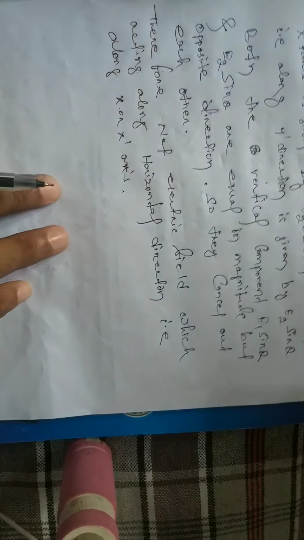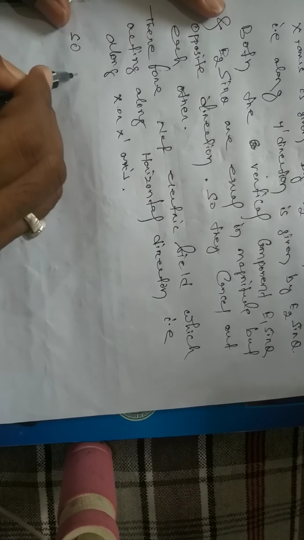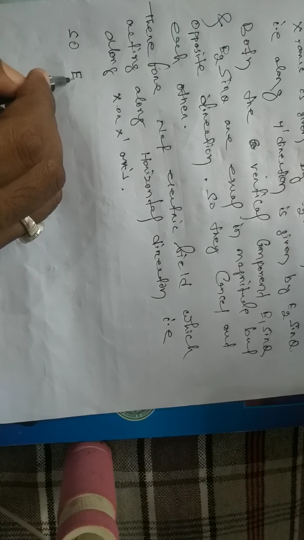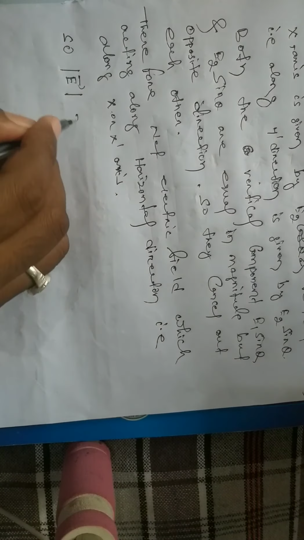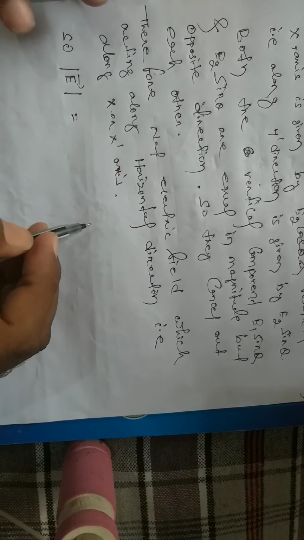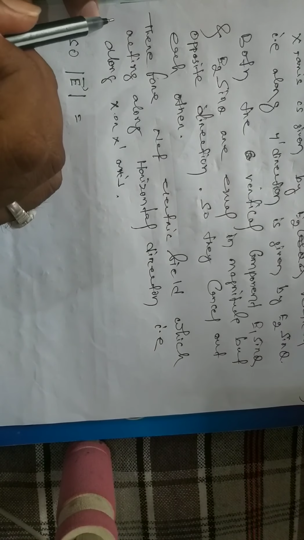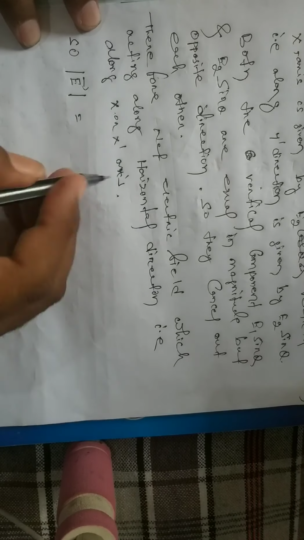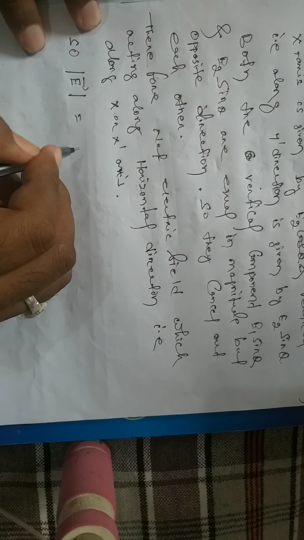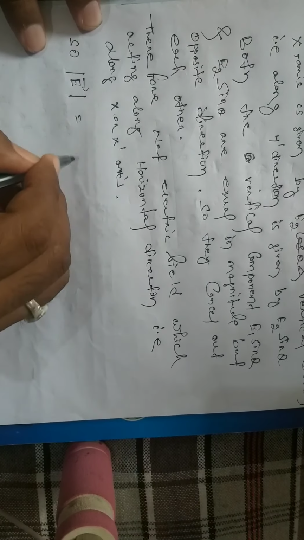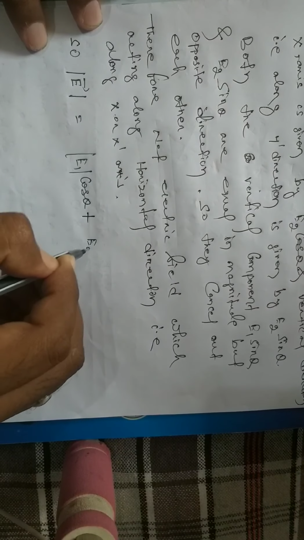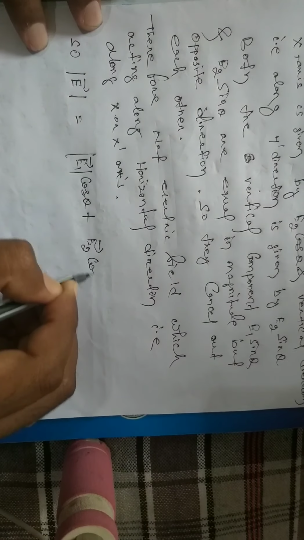Now the net electric field intensity E vector is equal to, since both components E1 cos theta and E2 cos theta are in the same direction, their magnitudes add: E1 cos theta plus E2 cos theta.